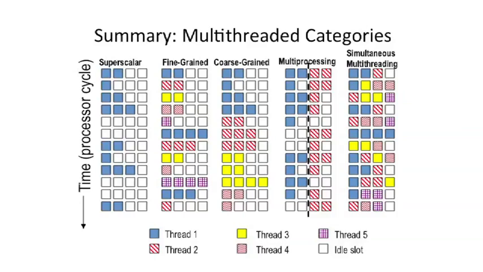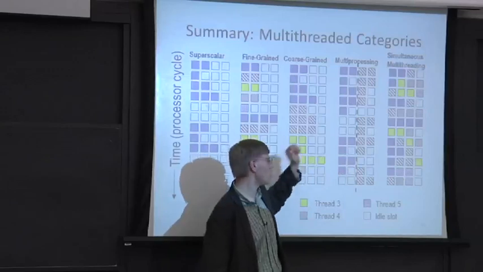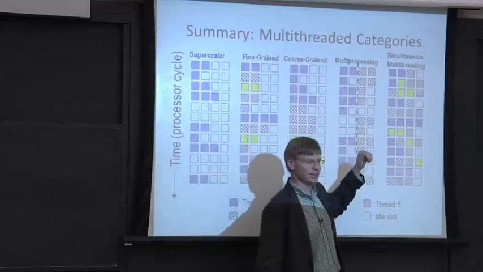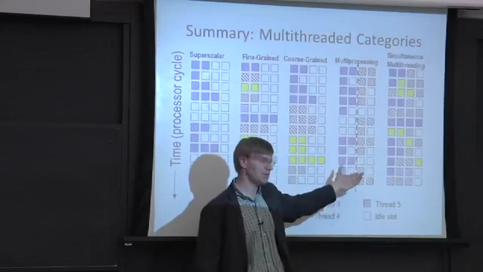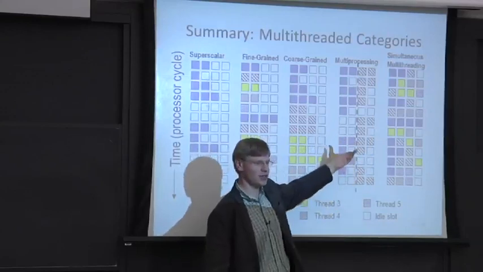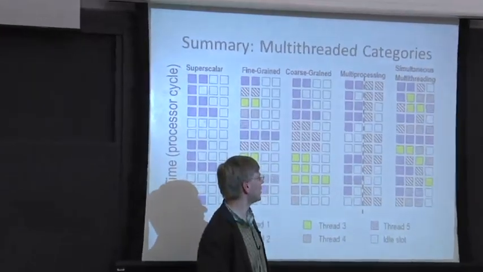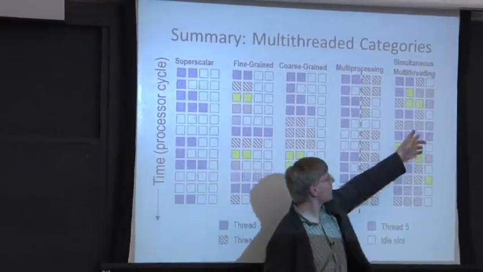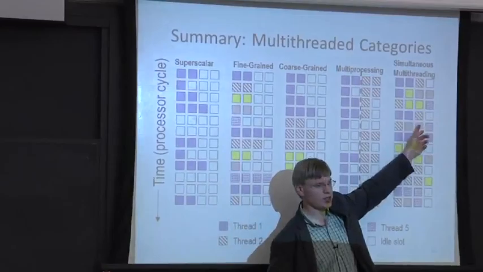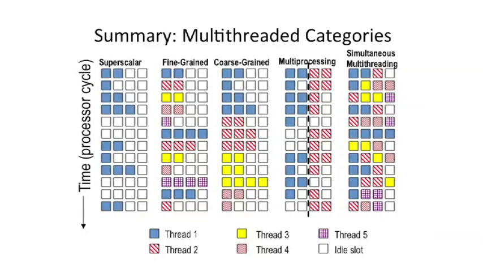You can even possibly think about trying to do this in some fast software layer. You could think about just cutting your processor in half and using half your ALUs for one thread and half your ALUs for another thread. That is technically a version of multi-threading. It is executing at the same time, but it's not necessarily using all the resources. And then you can think about actual simultaneous multi-threading, where you're issuing instructions from different threads into different functional units at the same time.